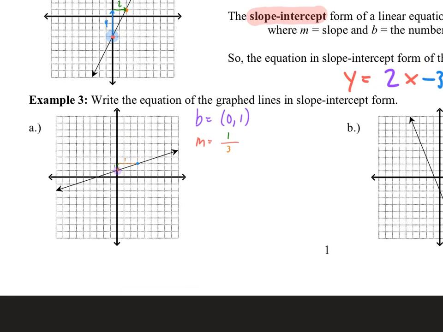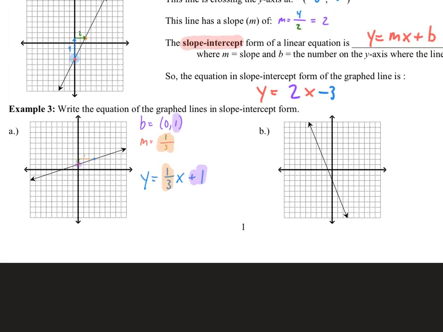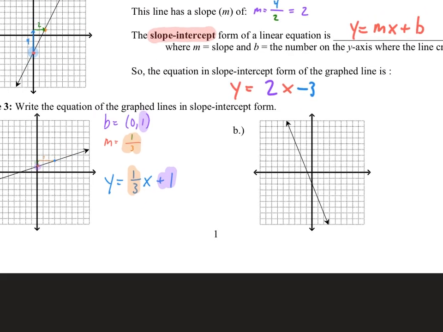So then y equals 1/3 x plus 1. So taking my slope, putting that there, taking my y-intercept, putting that there. And it's positive 1, so I'm writing plus 1, right? So there's my equation. I'll let you guys write the equation for the second one here into the Edpuzzle.